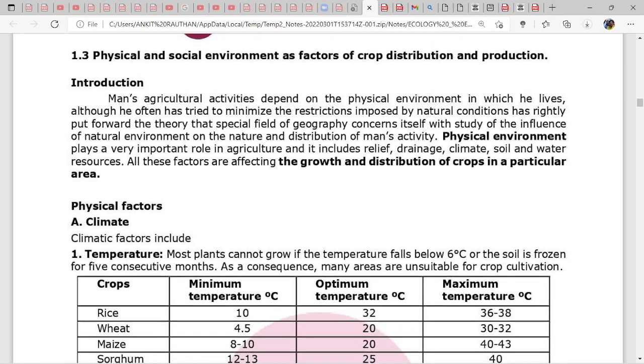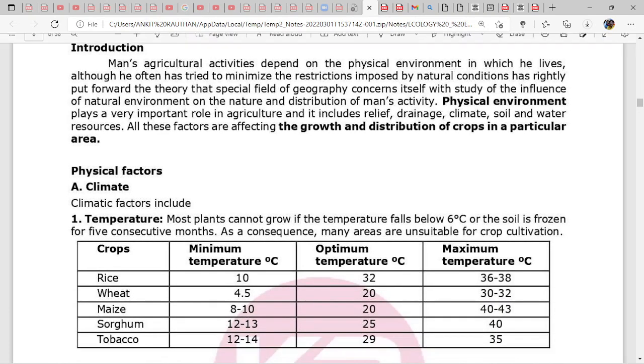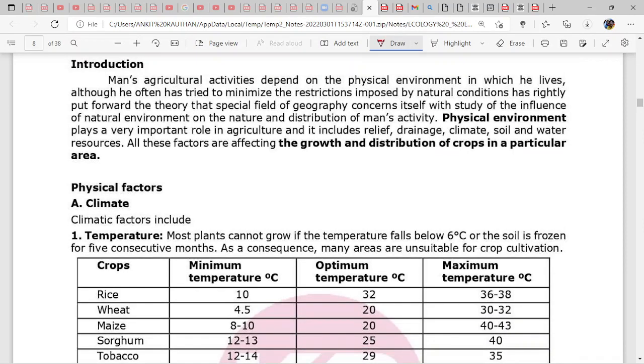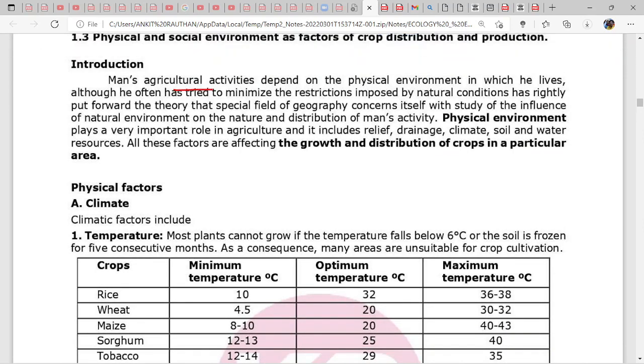Yes. What he has written is, see, this is a very generic line. Man's agricultural activities depend on the physical environment in which he lives. Although he has often tried to minimize the restriction imposed by natural conditions, physical environment plays a very important role in agriculture. We already know this. It includes, what does it include?